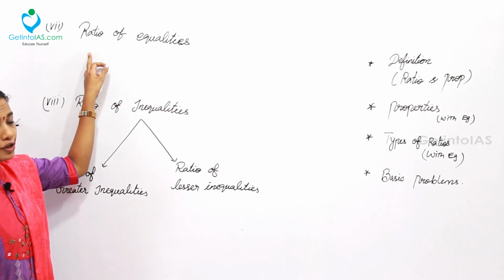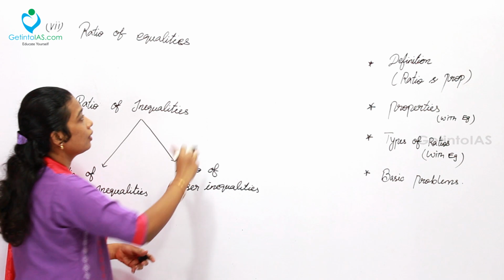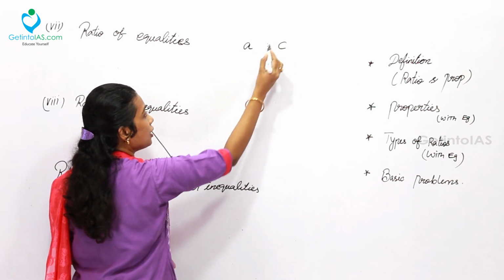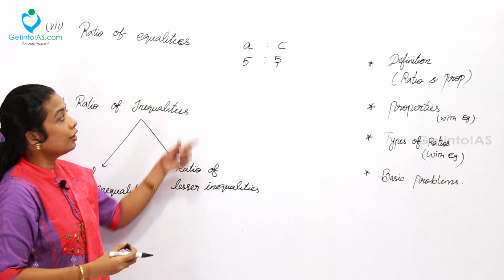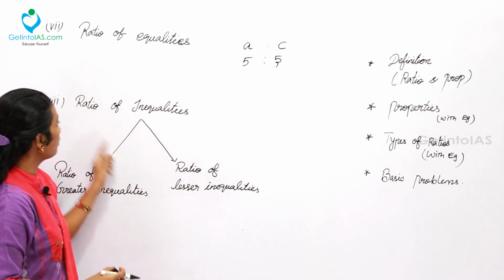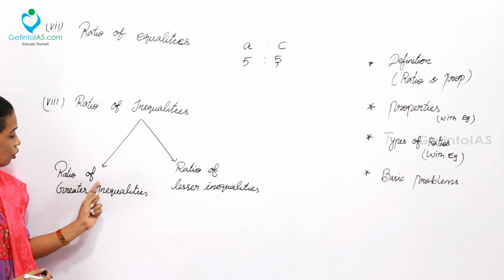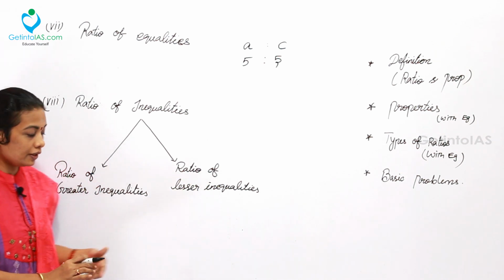That's all. The next type of ratio is ratio of equalities. This is simple. When the antecedent is equal to the consequent, say for example 5 is to 5, which is said to be the ratio of equalities because both the values are equal. That's all. The next one, ratio of inequalities. In the two types, ratio of greater inequalities, ratio of lesser inequalities.